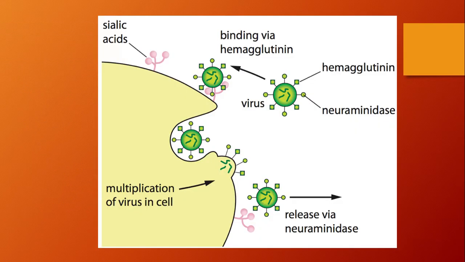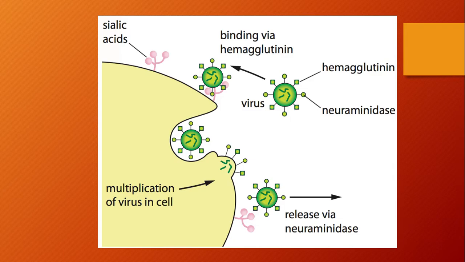All right, so here is an example of a viral cell with the hemagglutinin and the neuraminidase on the surface. You can see how it will bind to a host cell via the hemagglutinin.